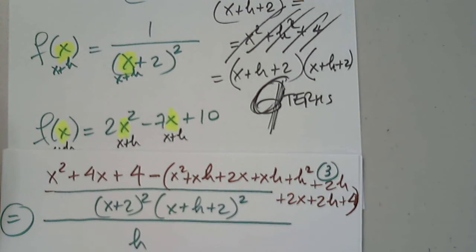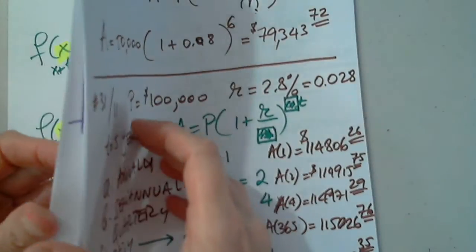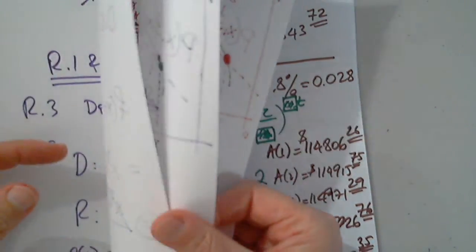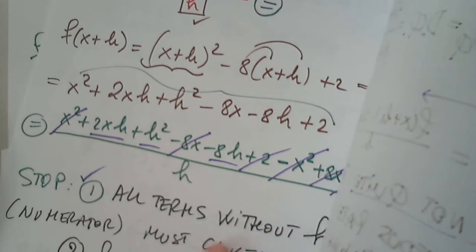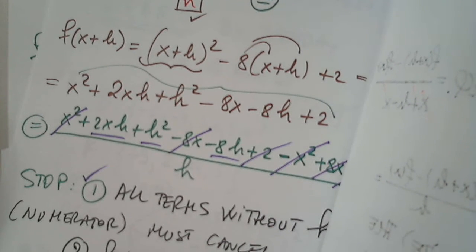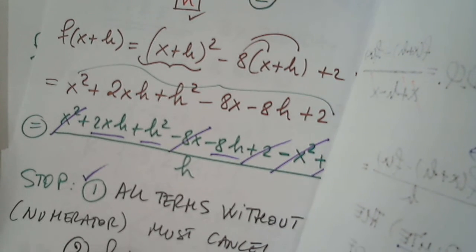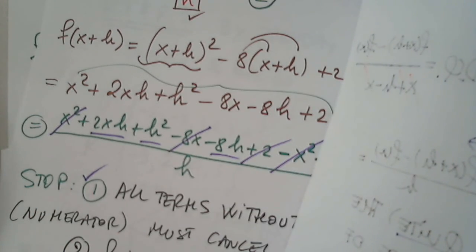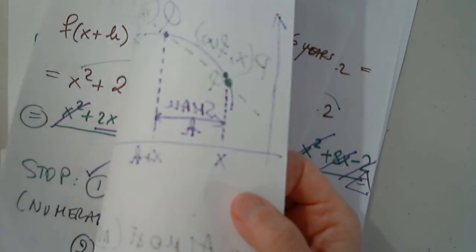Okay. So now remember what we said last time. You can never forget this. What did we say? 2 things have to happen. All terms without h in the numerator must cancel out. And h in the denominator is the second step. After the first step is done, the h in the denominator must disappear.